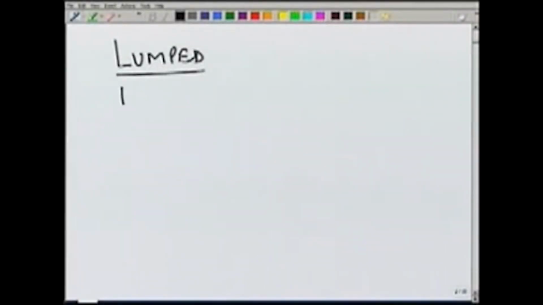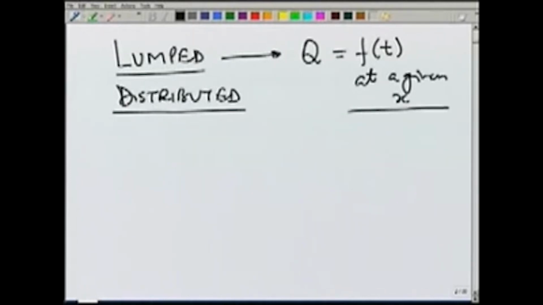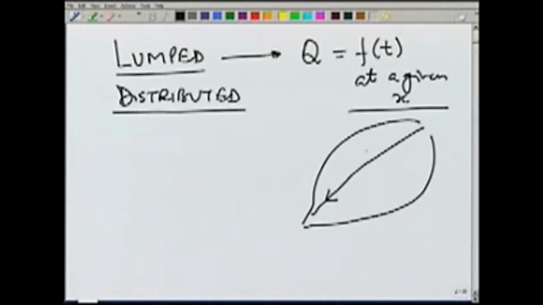The basic techniques used in flood routing can be called either a lumped routing or distributed. In the lumped routing, we obtain Q as a function of time at a given x. So, for example, again if we take some catchment area, there may be tributaries entering this channel.